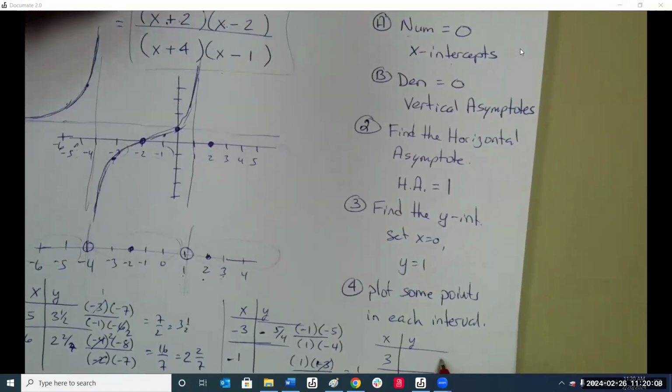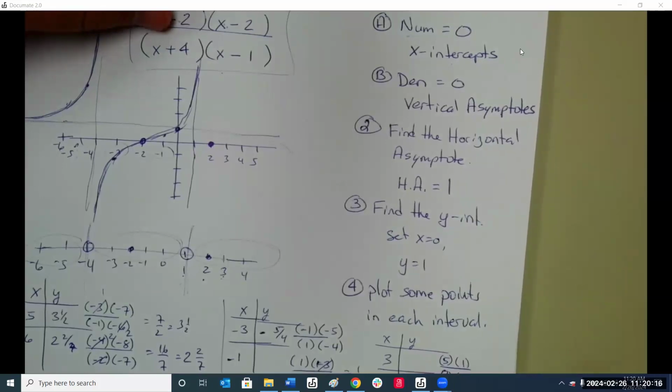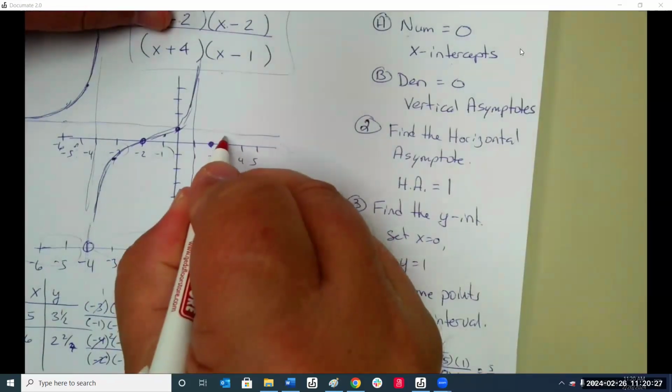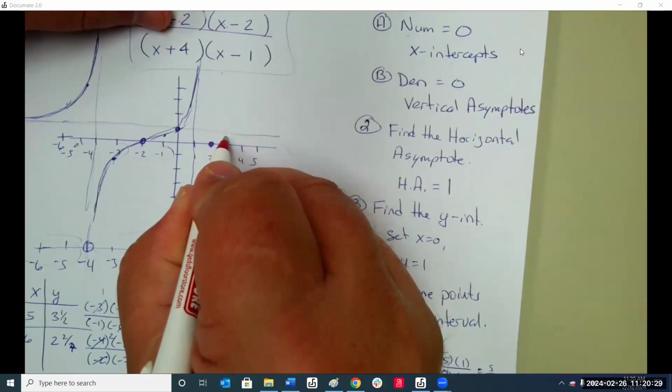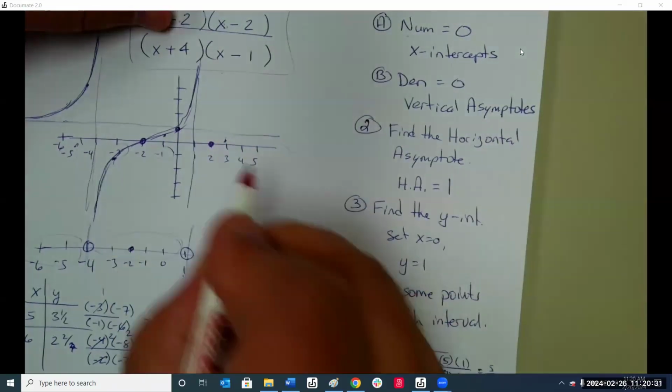So 3 plus 2 is 5. 3 minus 2 is 1. 3 plus 4 is 7. 3 minus 1 is 2. 5/14, which is pretty low.